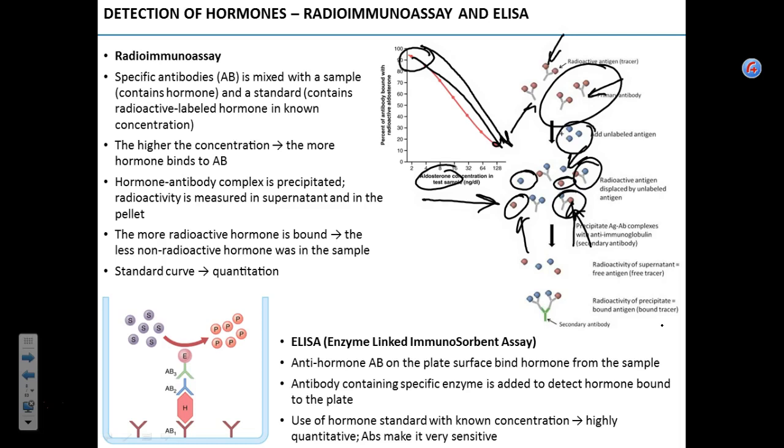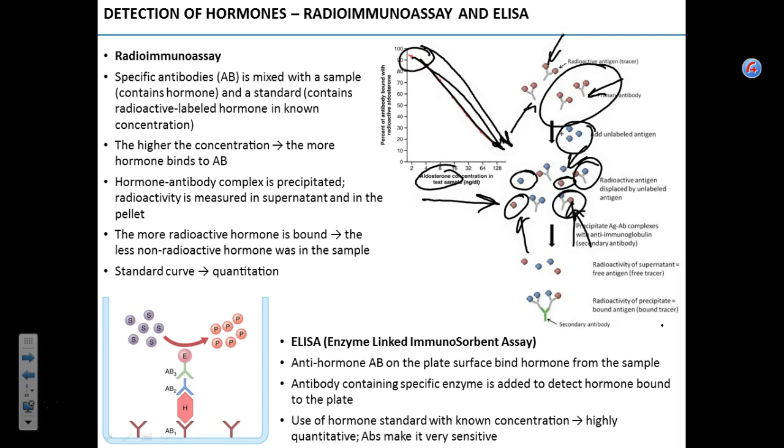Okay? Same happens here. The more hormone you have in your sample, the less radioactive hormone will be bound to the antibodies. You can plot the calibration curve and then you can measure it quantitatively. Does that make sense?